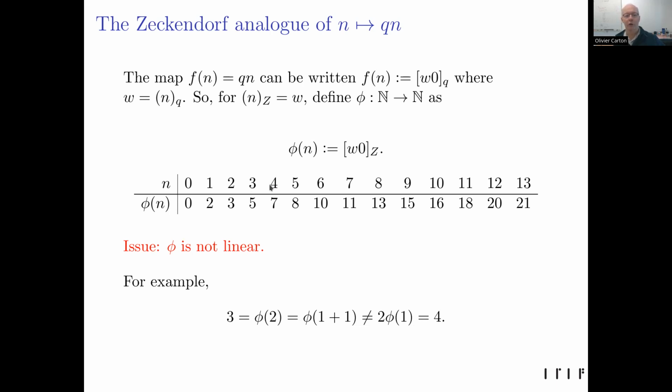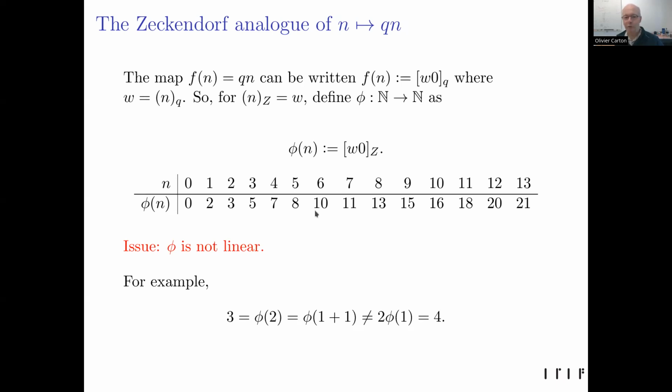But for instance, 4 was expressed as 3 plus 1, so the expansion was 1, 0, 1, and then we map 4 to 5 plus 2, which is 7, and the same with 6, which is 4 plus 2, and so on. Okay.